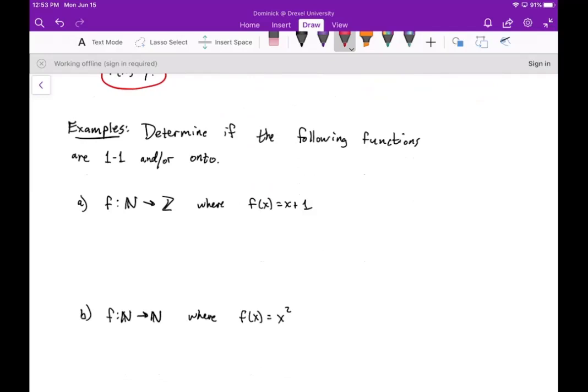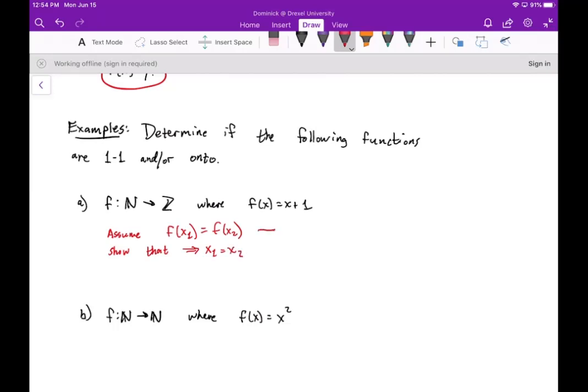So we want to determine if f that takes natural numbers to the integers is one-to-one and or onto, right? So to determine if this is one-to-one, we can assume that f of x1 is equal to f of x2. And we want to show that this implies that x1 is equal to x2.